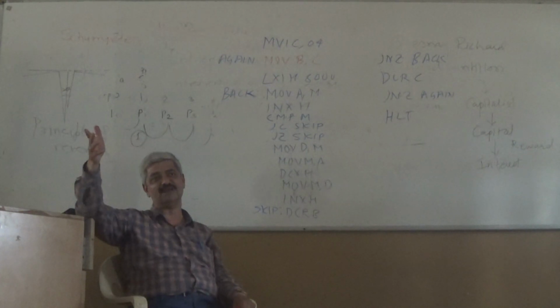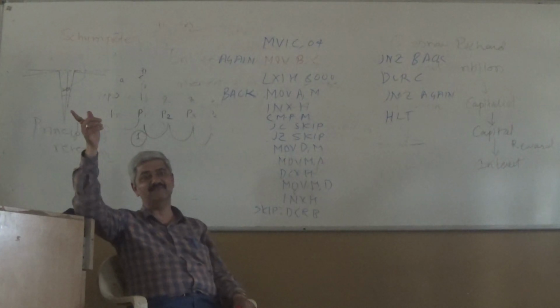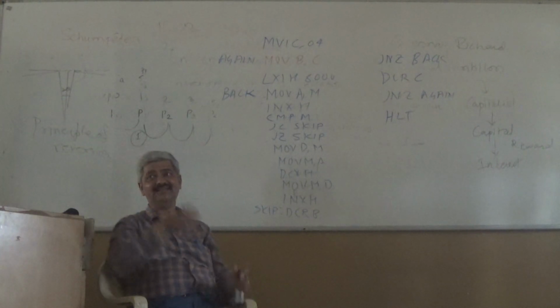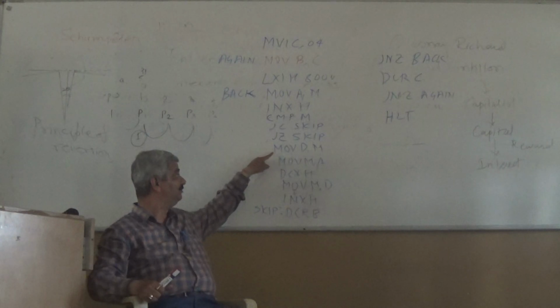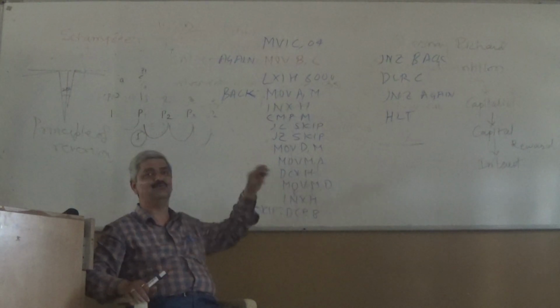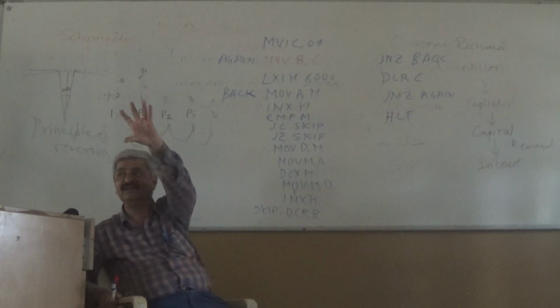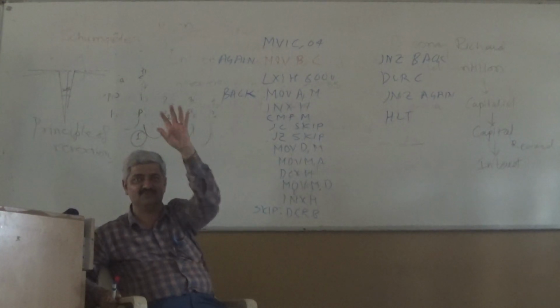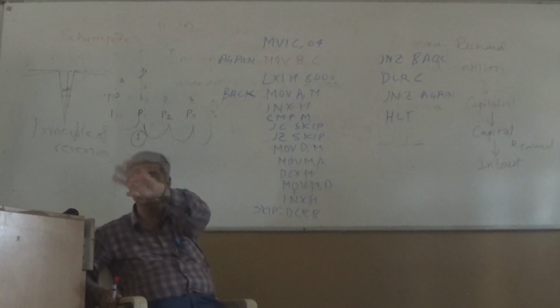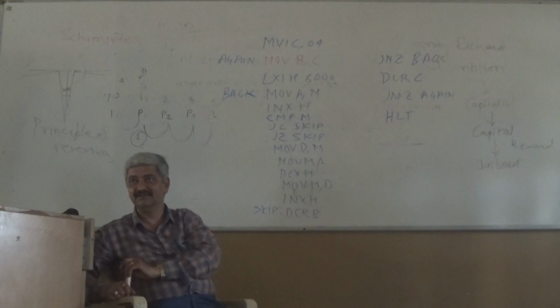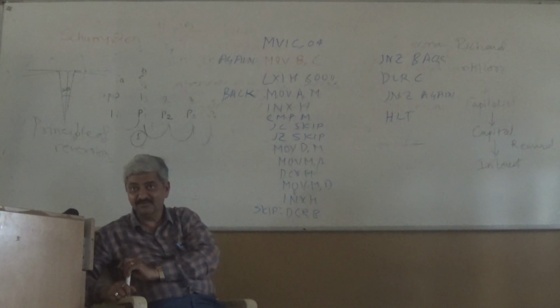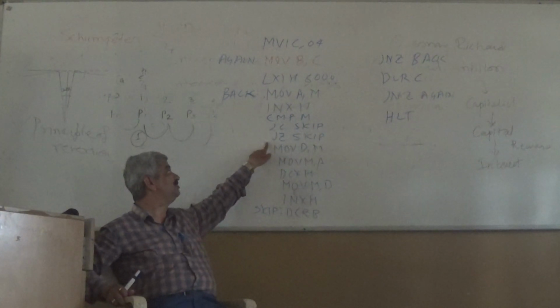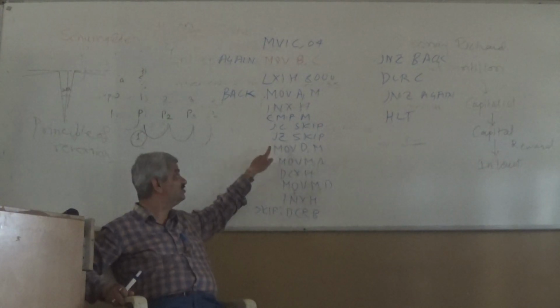In the earlier case, what was happening? When numbers were equal, 1, 2, 3, 4, 5 instructions were unnecessarily getting executed when numbers were equal. What you did now, by putting this instruction jump on zero skip, you saved this.